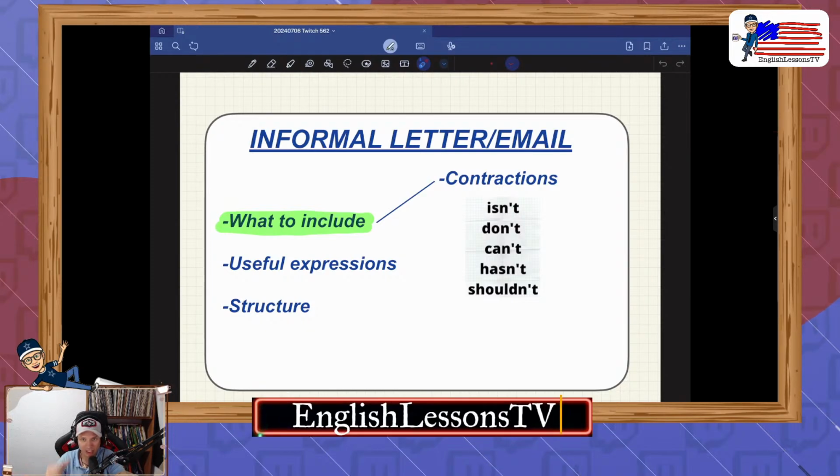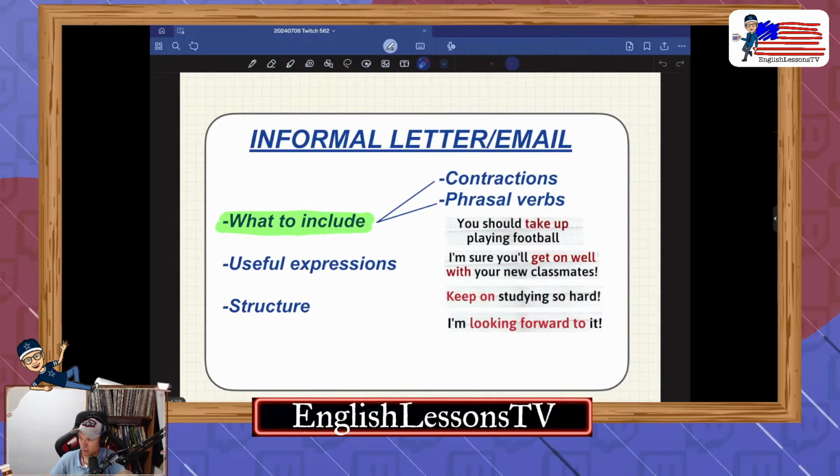Remember the contractions: isn't, aren't. You can also use don't or doesn't, or also you can use didn't, then can't or couldn't, and then hasn't, hadn't. Okay, so very, very important. Shouldn't, mustn't, all those sorts, you can use them.